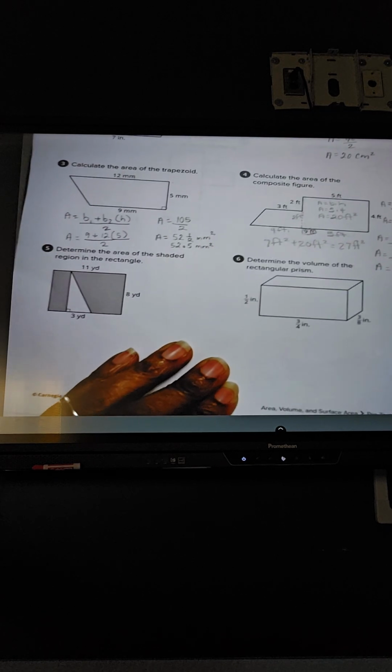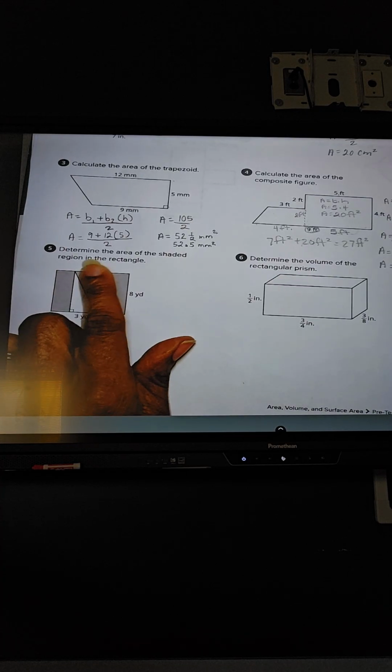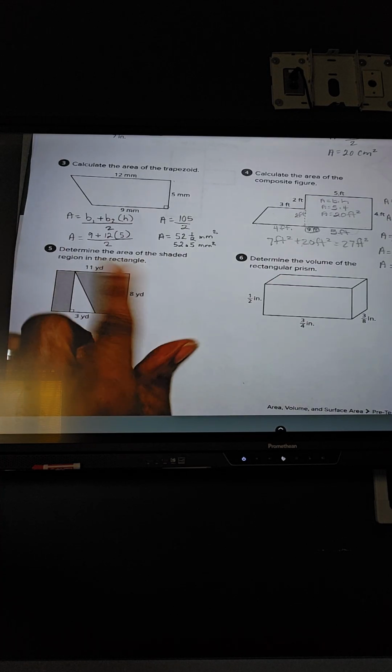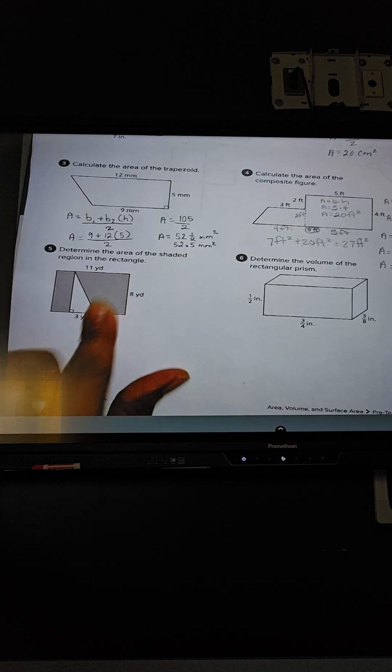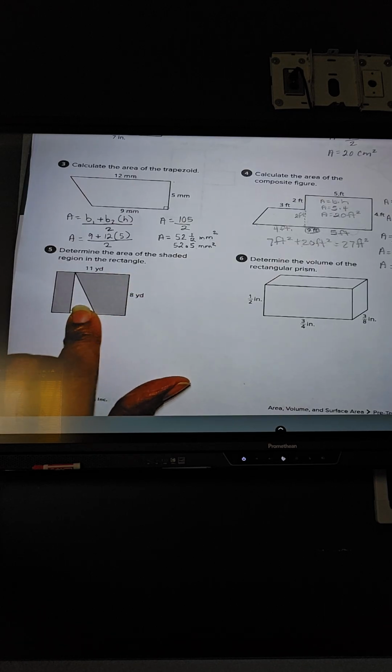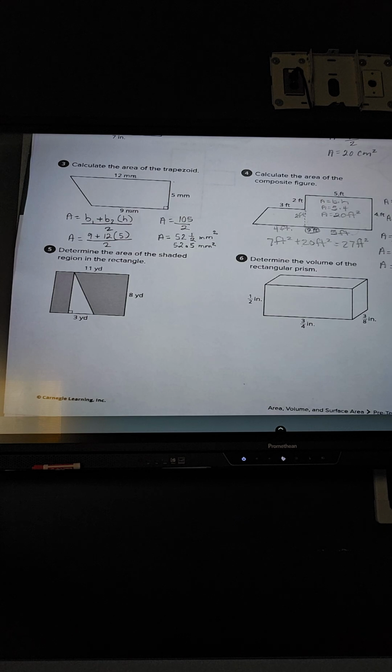Let's look at the bottom. So when we looked at this today, we gave you a little scenario. Determine the area of the shaded region of the rectangle. So we're looking at the shaded part, but there's something missing here. And so the little story we talked about: if you baked a pan of brownies, you leave that pan of brownies on the stove, mom and dad, and you tell your child, let's see, Daphne.